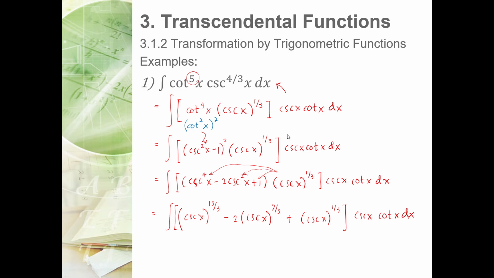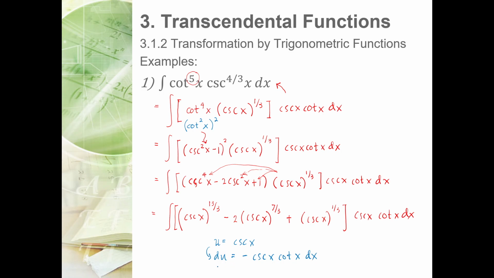So again, by u sub technique, because I think we cannot simplify it even further now. So let u be equal to cosecant x, and then the derivative of cosecant x is negative cosecant x cotangent x dx.